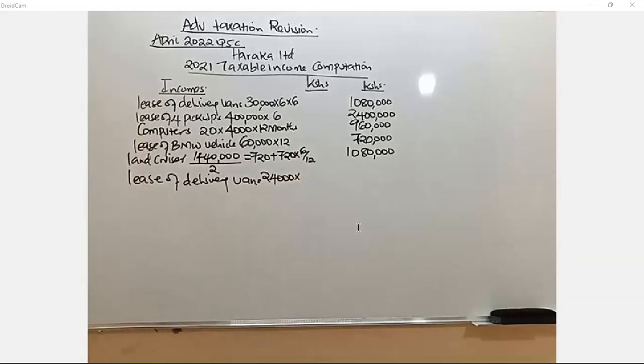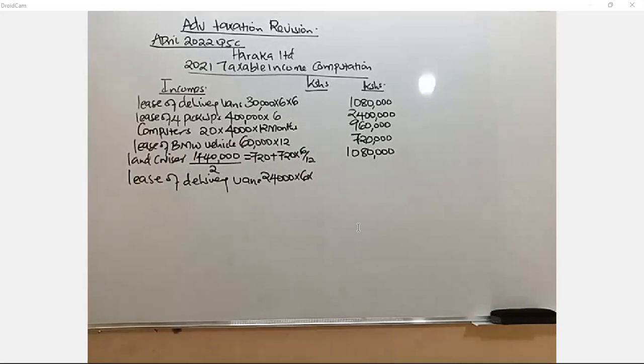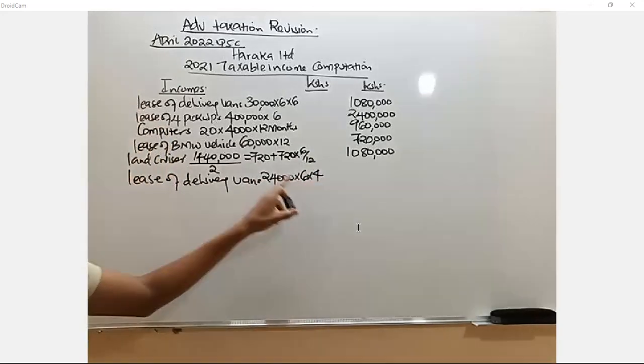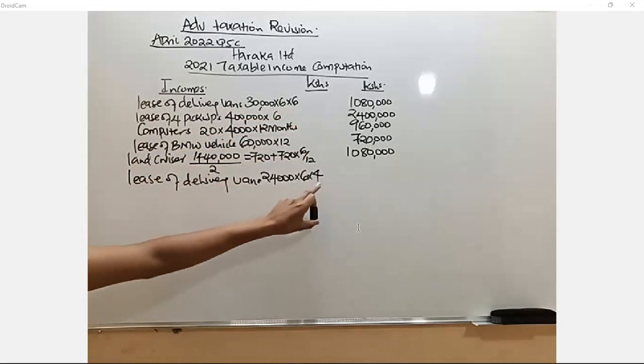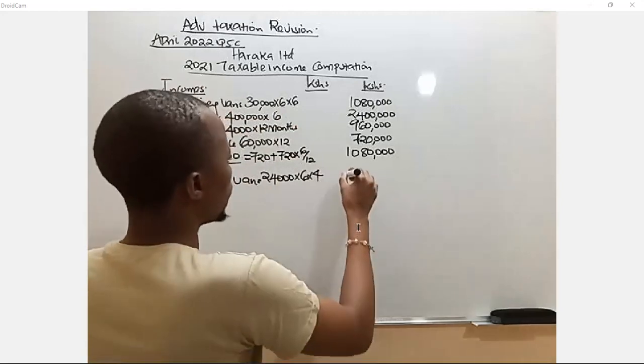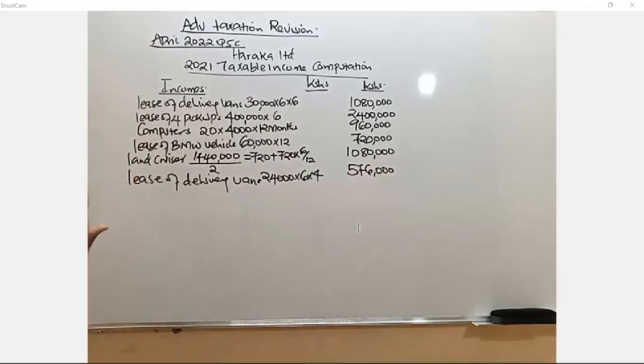We have been told that the delivery vans, you remember they were 6, right? They were leased to Sokoni for 4 months. So it will be 24,000 times 6 times 4, getting around 576,000.